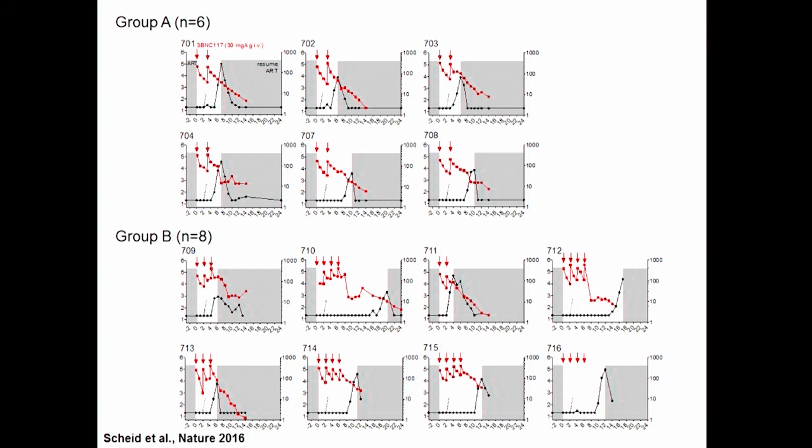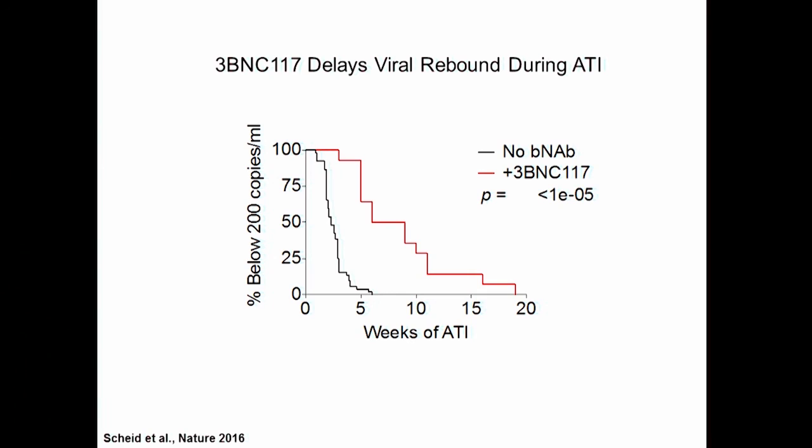And again, all individuals except actually 711 showed a delay in rebound compared to the data that we'd seen in, so to speak, negative controls from ACTG data. This is another way of summarizing these results. So we have a Kaplan-Meier curve summarizing those ACTG patients that we used as a comparison, and then the combined individuals from our trial.